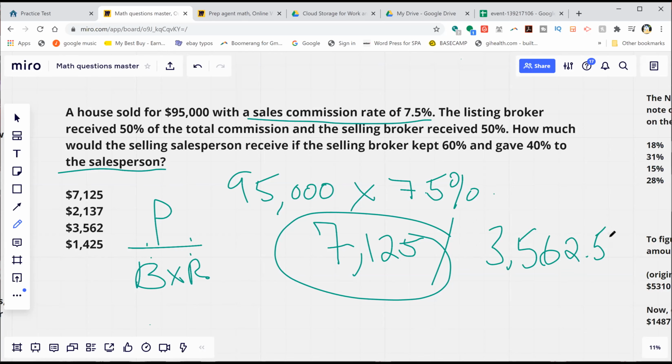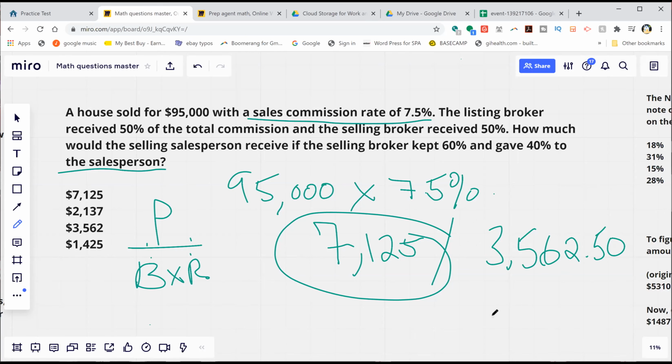And that should be $3,562.50, right? Now, someone asked about the selling broker, and you're getting confused with the vernacular, the verbiage here. Let me just get you used to a little bit of the vernacular that they're using.